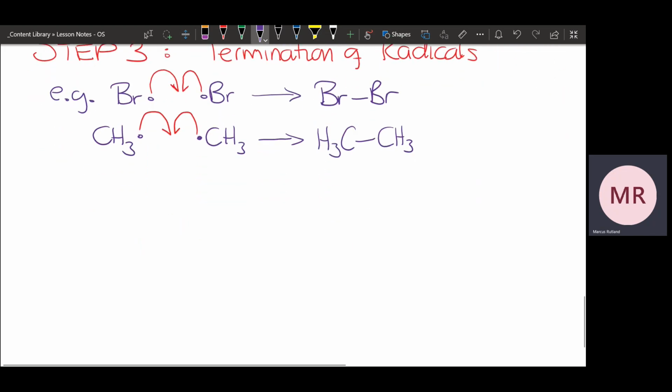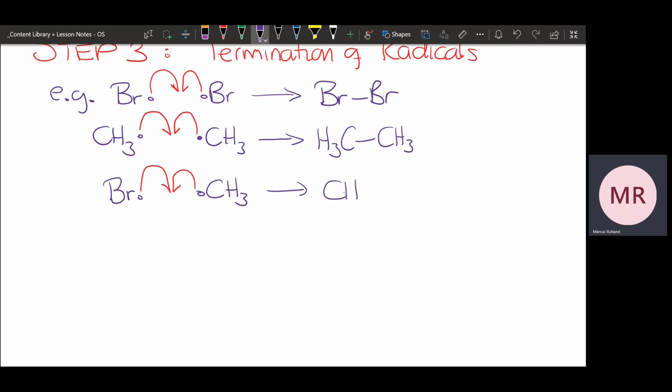You could equally, if you're sitting there going, well, but why can't a bromine radical bump into a methyl radical? Well, they can. This is all just anything that can happen. Any two radicals can meet and react to pair up their electrons with each other. In this case, you will get a bromomethane molecule.